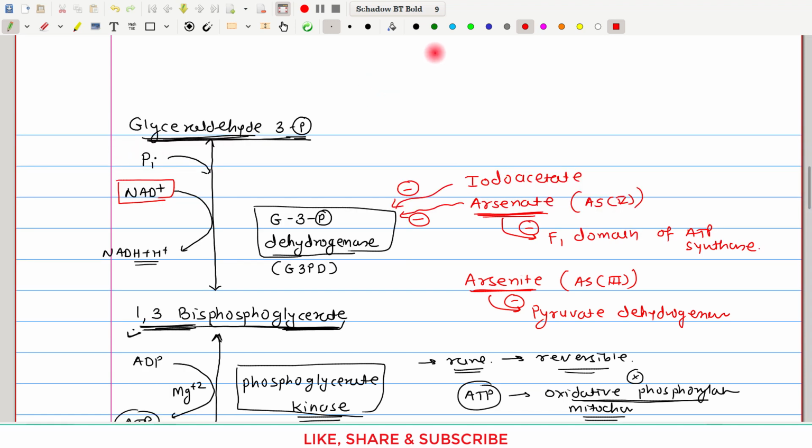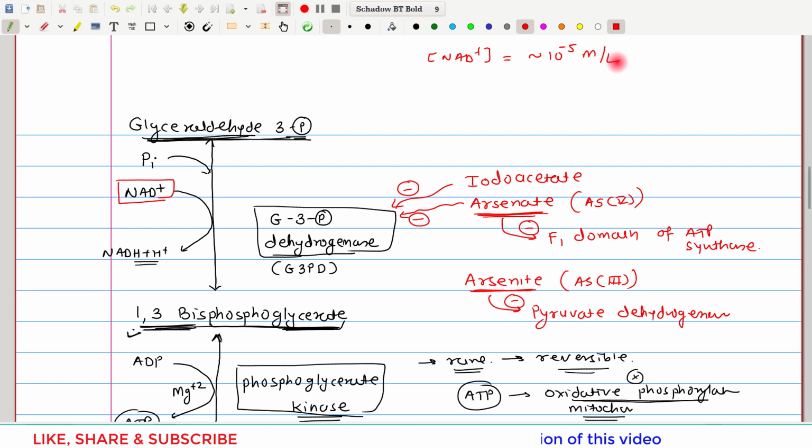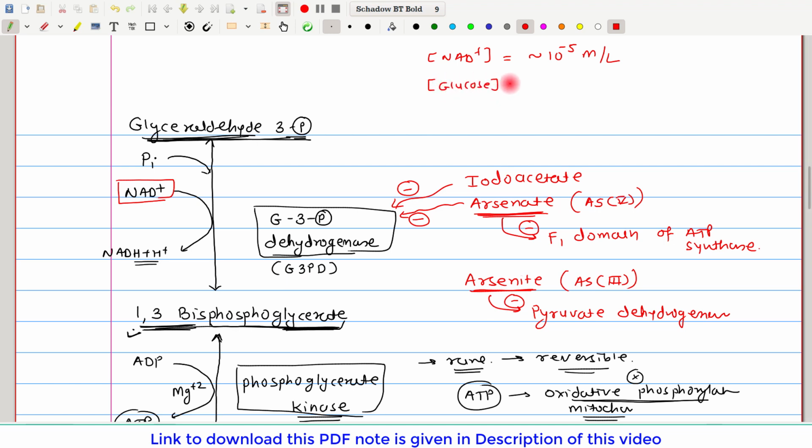In our body, the concentration of NAD+ in our cytoplasm is approximately 10 raised to minus 5 moles per liter. And if you compare it with the concentration of glucose in the cytoplasm of the cell, it is approximately 10 raised to minus 3 moles per liter.